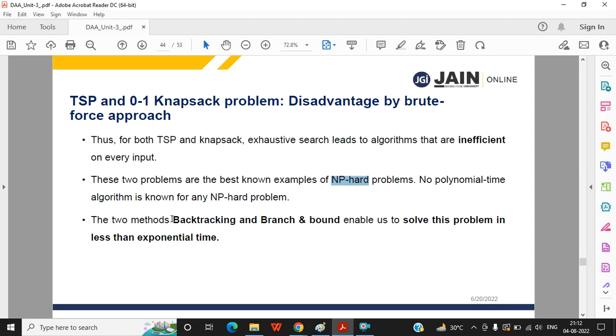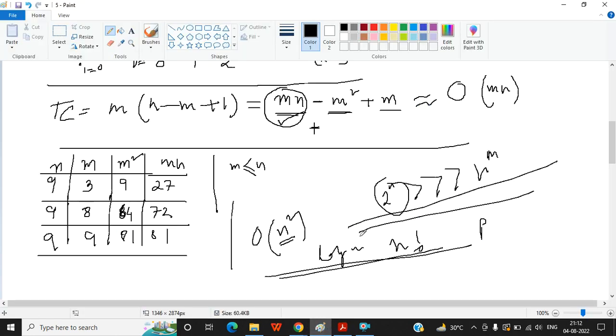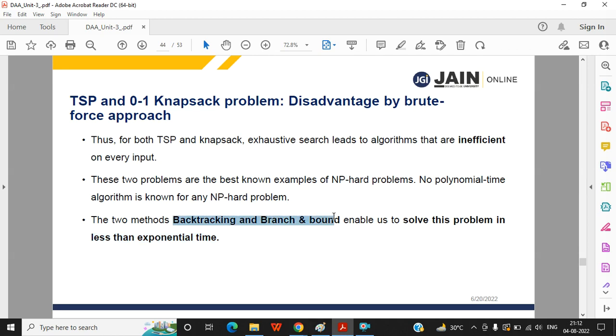But with some other technique, we can find a better solution which is less than exponential time. I told you that exponential time, 2 to the power n or 3 to the power n or 4 to the power n, is much, much bigger than polynomial time. In these types of techniques, our aim will be to reduce the time from exponential time, 2 to the power n, to polynomial time, that is n squared or maybe n cube, n to the power something.